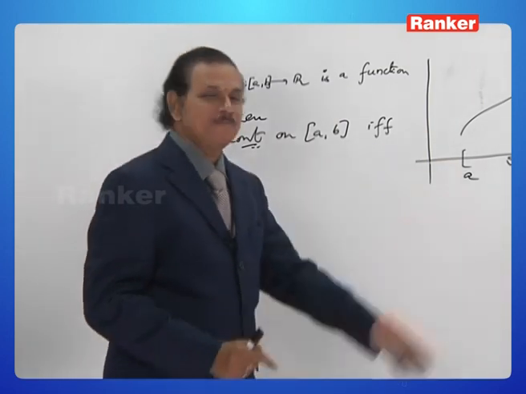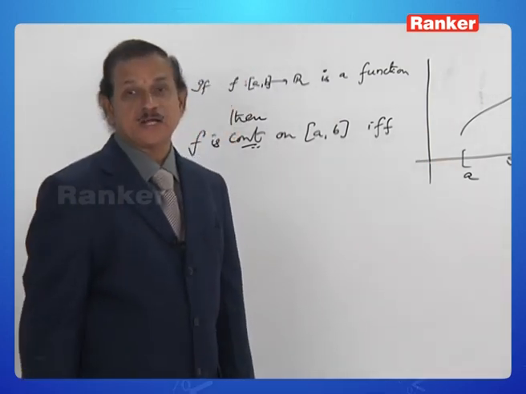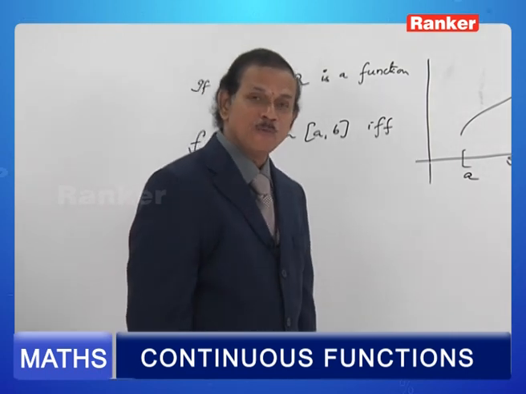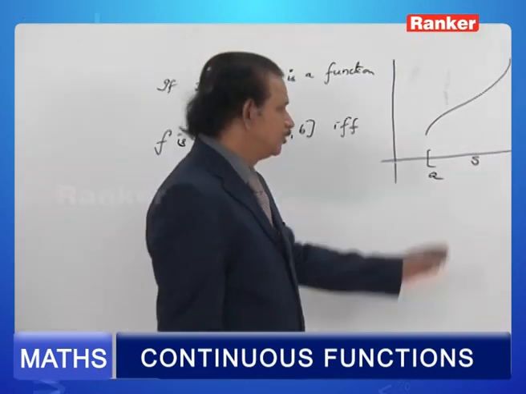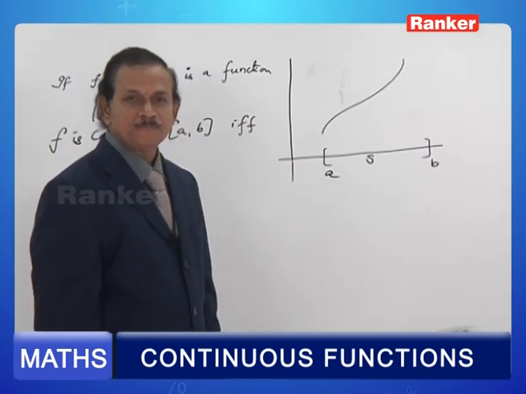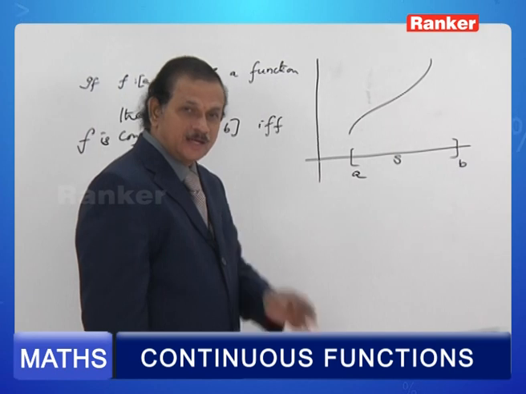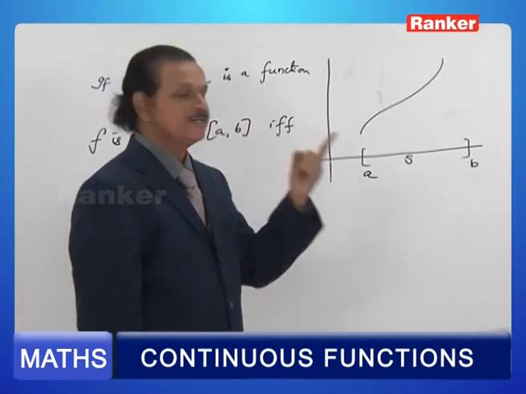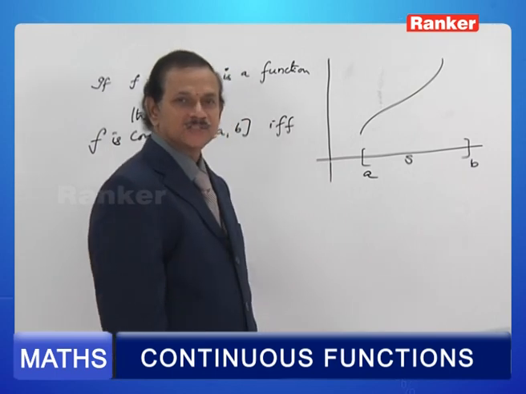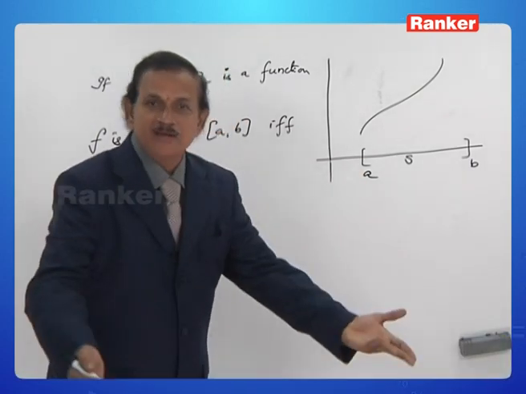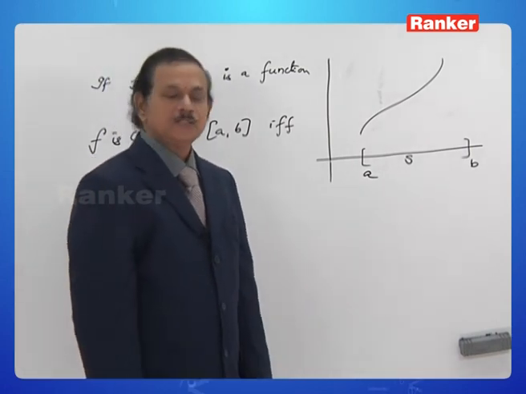At a and b, can you anticipate the full continuity? No. Why? Because the left of a is not included in the domain. So at a, at most you can anticipate right continuity only, because only the region to the right of a is involved in the domain.